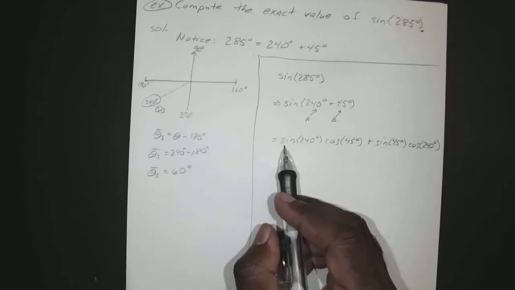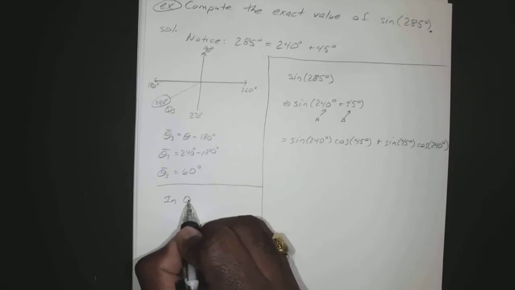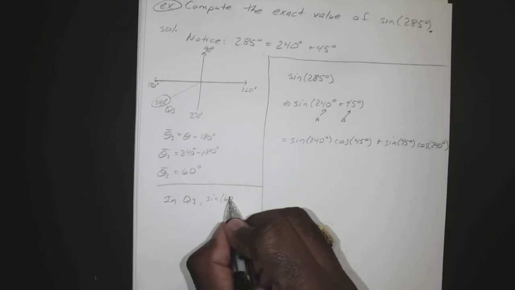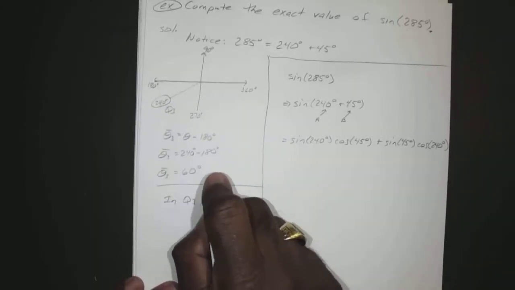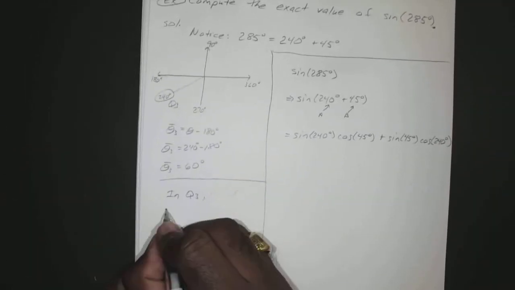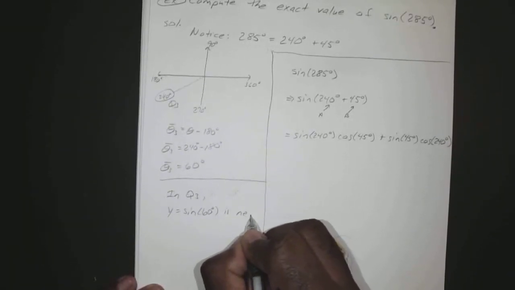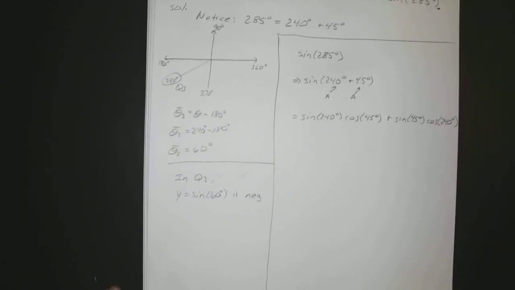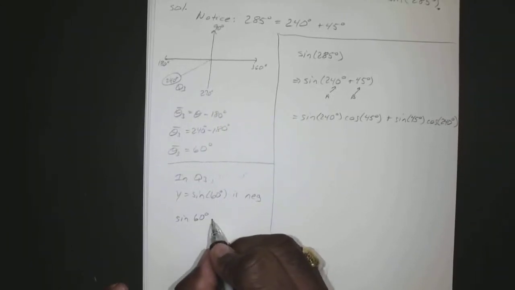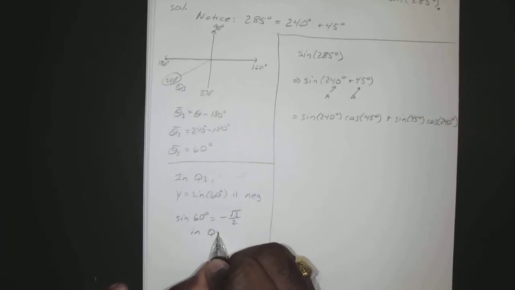Okay. Now we know that in quadrant 3, sine of 60 degrees, or you can put y equals sine of 60 degrees, is negative. Okay, so we know that sine of 60 degrees is equal to negative square root of 3 over 2 in quadrant 3.